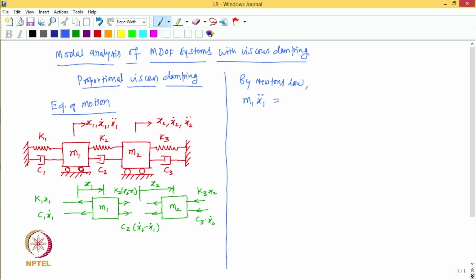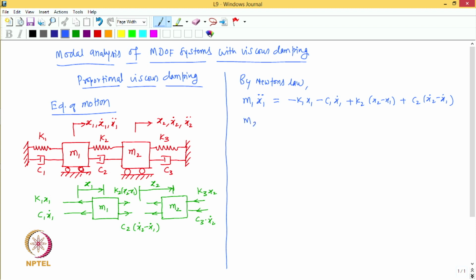Forces in the direction of acceleration are taken as positive, and forces opposite to the acceleration direction are taken as negative, and hence we write minus k1 x1, minus c1 x1 dot, plus k2 times x2 minus x1, and plus c2 times x2 dot minus x1 dot.